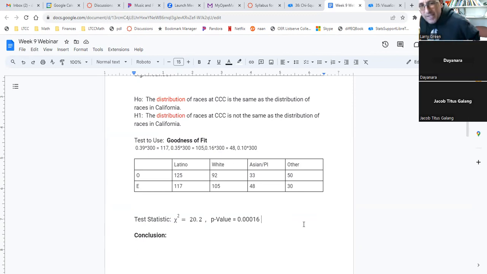All right, so now it's time to write our conclusion. We have a p-value. What do you think we can do by looking at that p-value? Now that we've seen lots of hypothesis testing already. This is our third week of hypothesis testing. What can we do? It's a little more complicated than that.